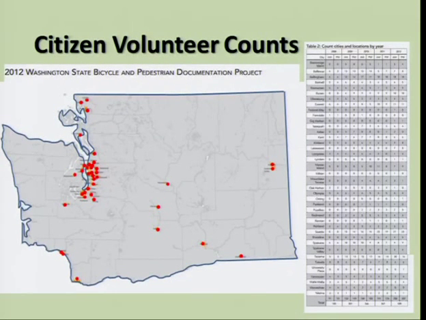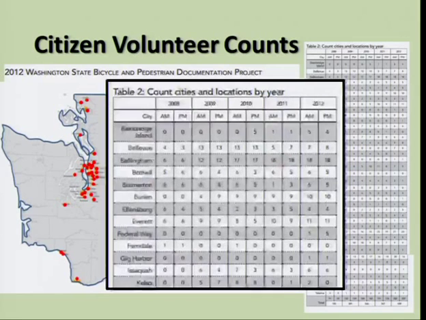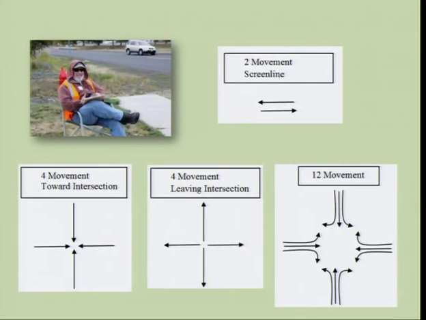Just to give a sense of how these citizen volunteer count programs are happening in the state of Washington, they've been doing it for the last 6 years, and they've done it at 47 cities, and some cities more often than others. They usually do it, like you said, 2 hours in the morning and 2 hours in the afternoon. Different jurisdictions have been doing this differently.